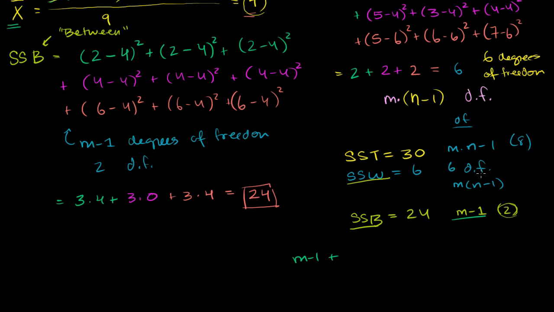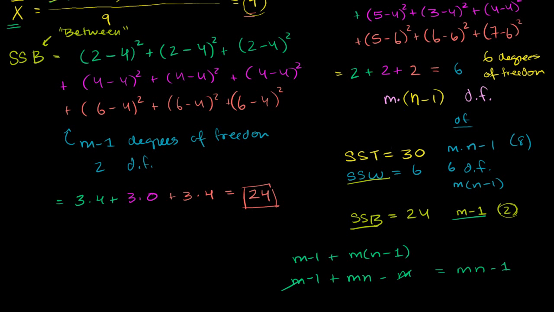Our sum of squares within had m times n minus 1 degrees of freedom. So this is equal to m minus 1 plus mn minus m. These cancel out. This is equal to mn minus 1 degrees of freedom, which is exactly the total degrees of freedom we had for the total sum of squares.